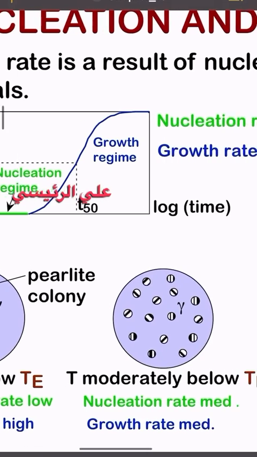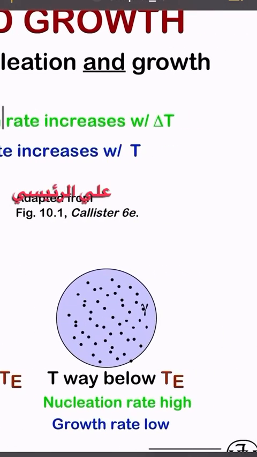So in the last circle, well below the eutectoid temperature, the nucleation rate will be very high, but the growth rate is low and it takes time to become big. It's all about nucleation and growth.